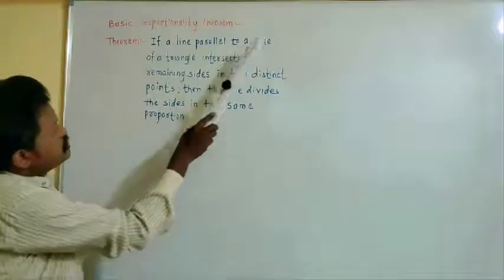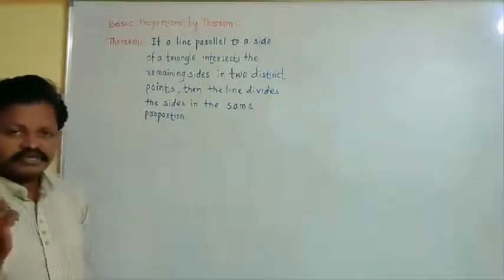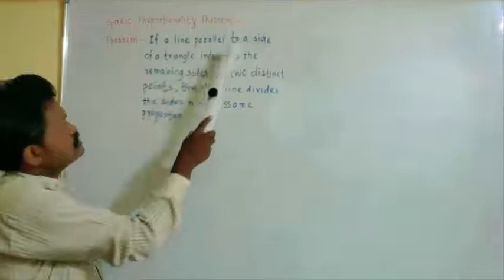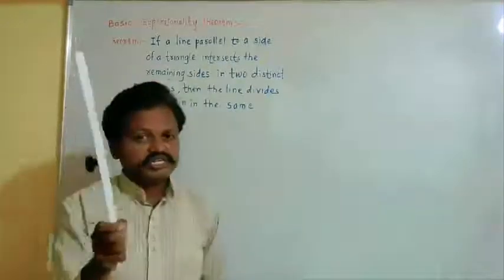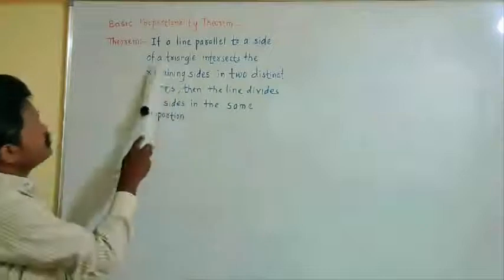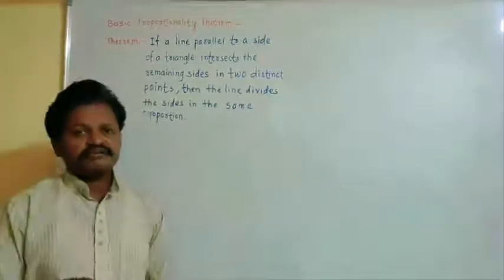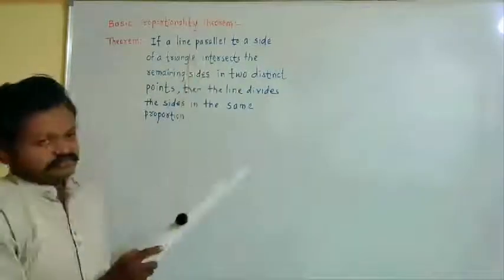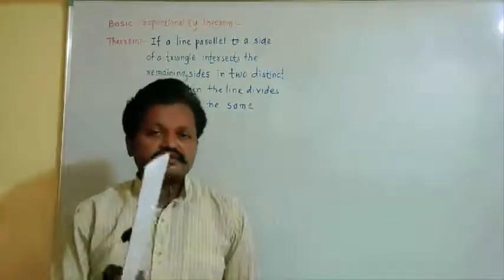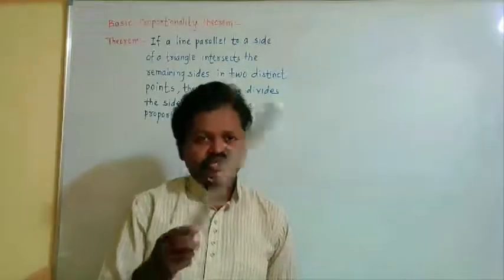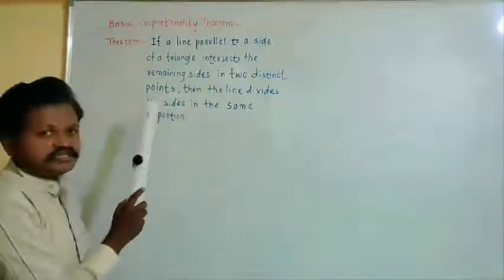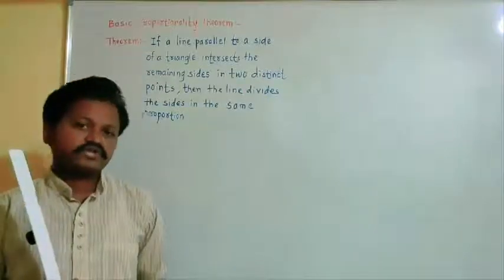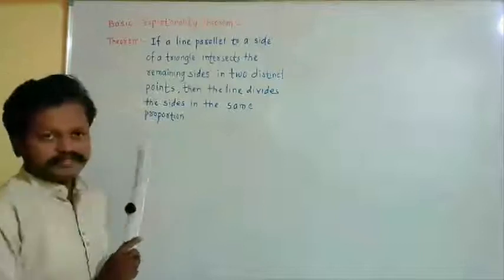If a line, एक रेषा, जर एखादी रेषा parallel to a side, समांतर आहे कोणाला? to a side, एका बाजूला, कोणाच्या? of a triangle, म्हणजे त्रिकोणाच्या एका बाजूला समांतर असणारी रेषा, intersect the remaining sides, उरलेल्या दोन बाजूंना इंटरसेक्ट करते, छेदते, in two distinct points, म्हणजे दोन भिन्न बिंदूंमध्ये काय करते? छेदते.